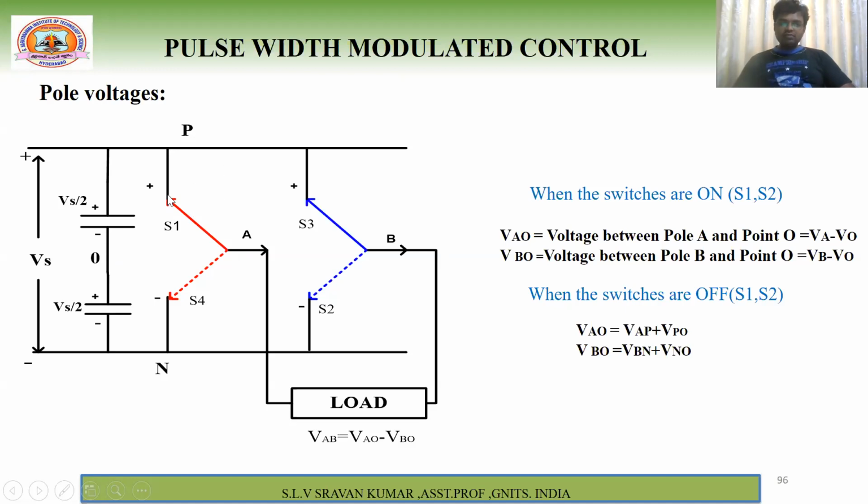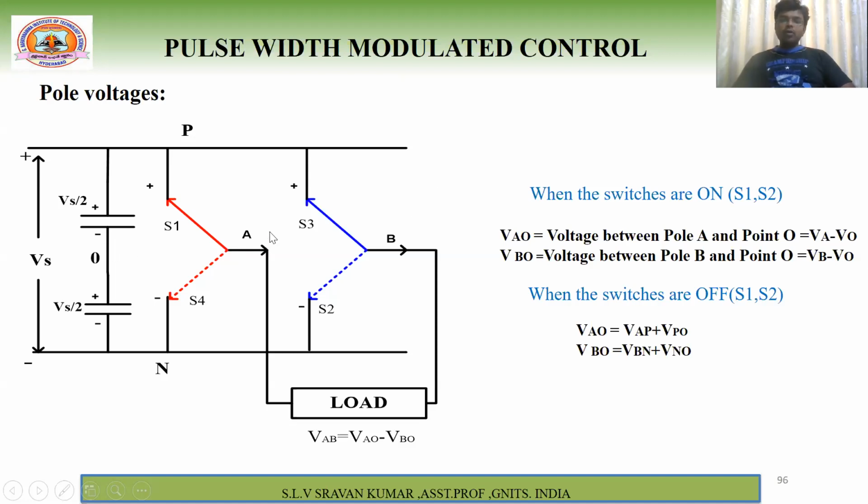For example, when this switch is on, this point is equal to this P, then directly you can write the capacitor voltage as the answer. But when the switches are off, this is open circuited. There is a voltage between A and P, and also between P and O. So voltage is present. That's why VAP plus VPO. We will look into this. Don't worry about it.